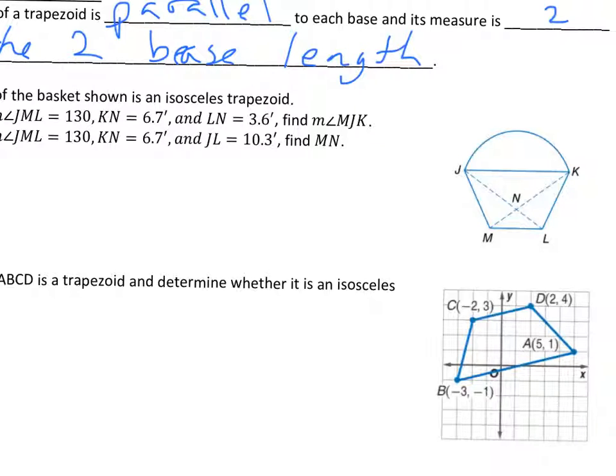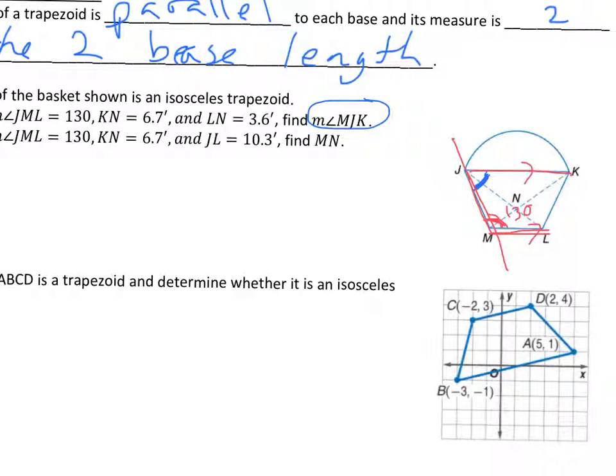So it says on part 1, find the measure of MJK. Well, MJK is this angle right here. The angle they give us is JML, which is this angle, and it's 130 degrees. But you'll remember that these are two parallel lines with a transversal.